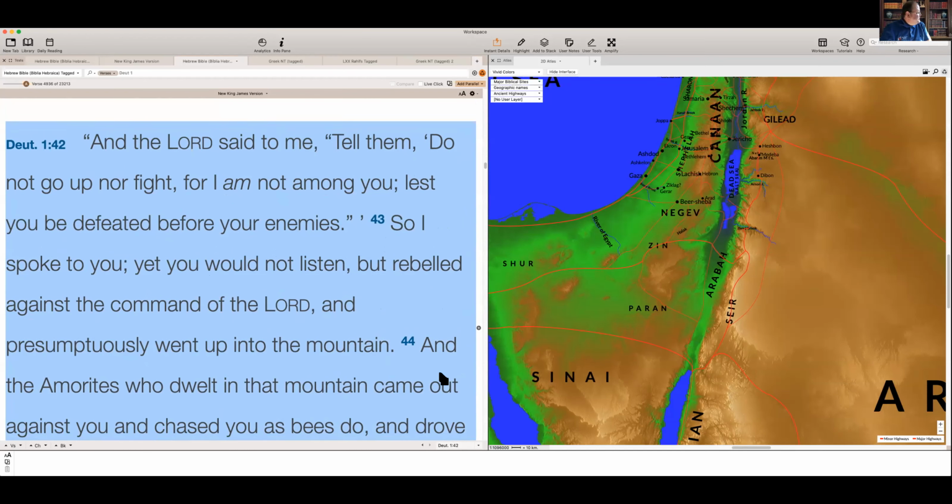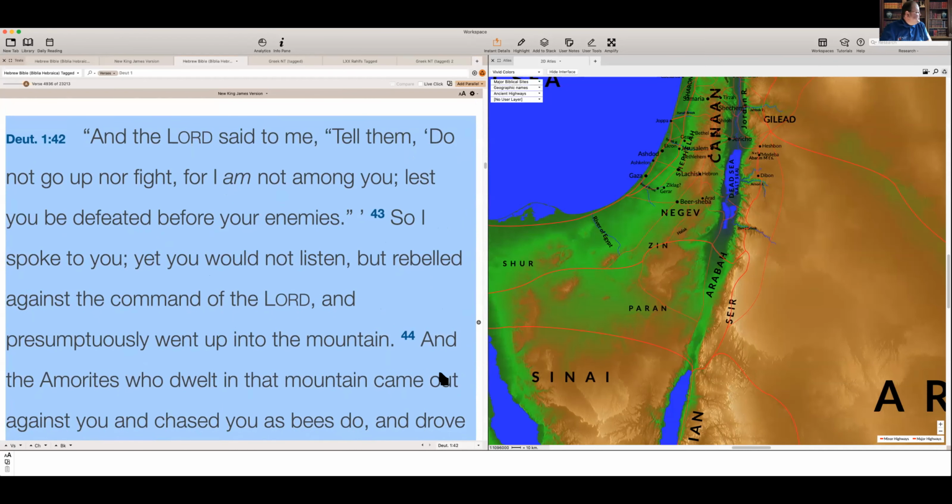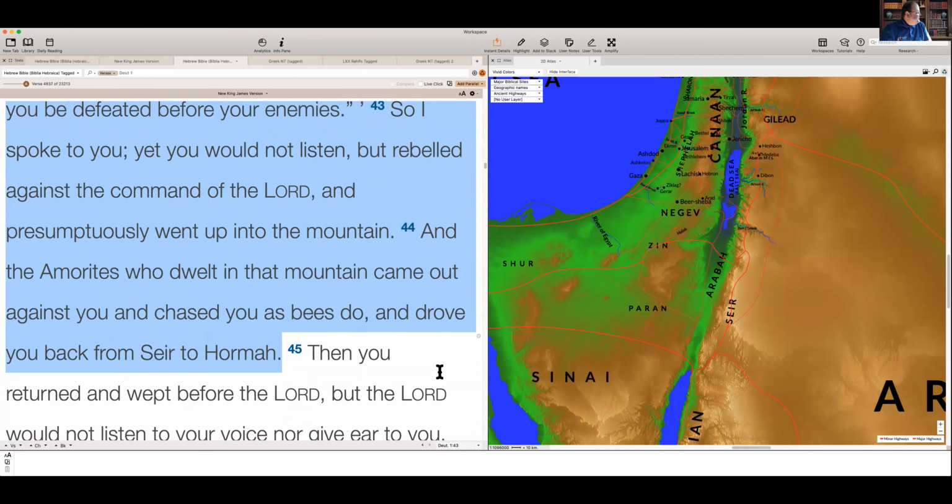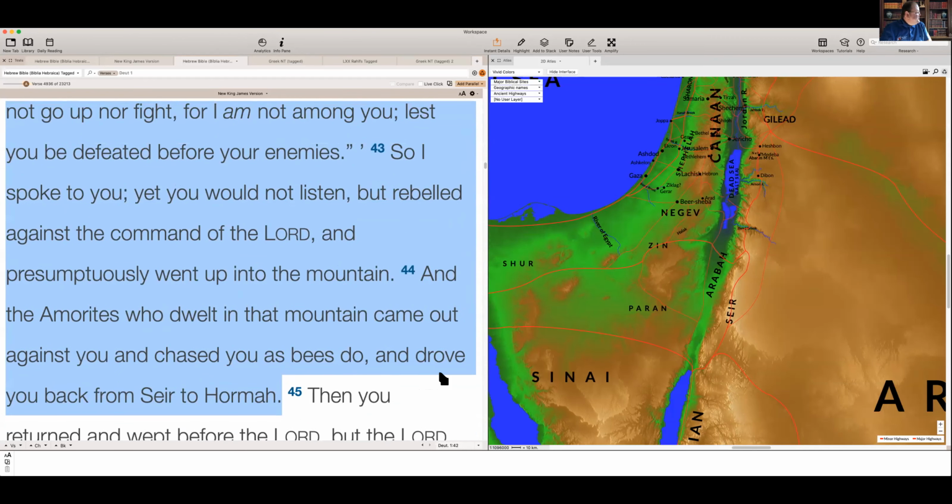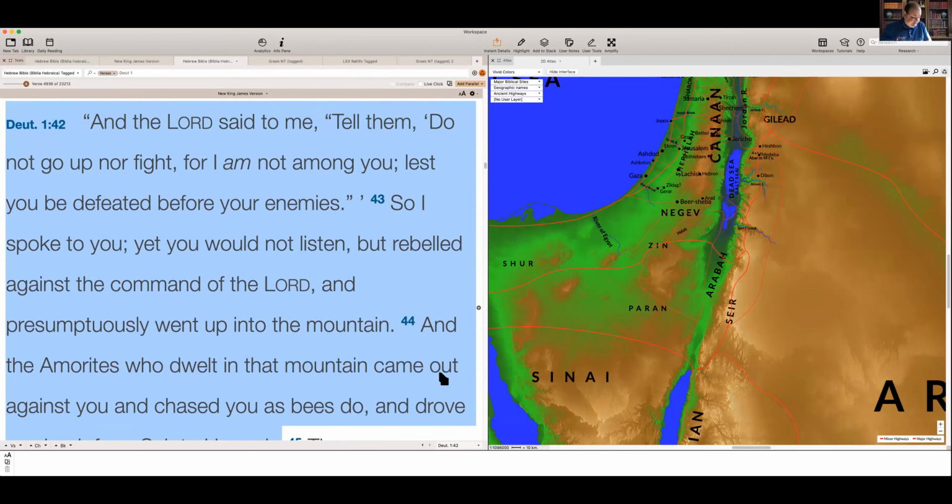This story, which I marked in blue, Deuteronomy 1:42 through 44, is explaining why 40 years later Israel had to fight its way into Canaan. The reason is very simple. The fear that was among the Canaanites dissipated.